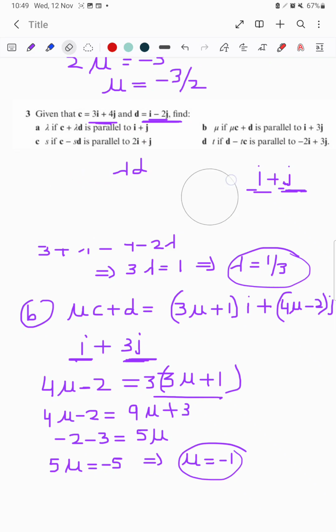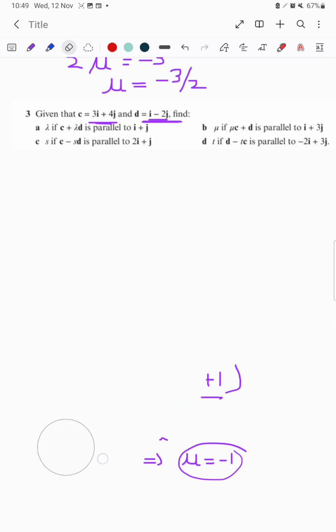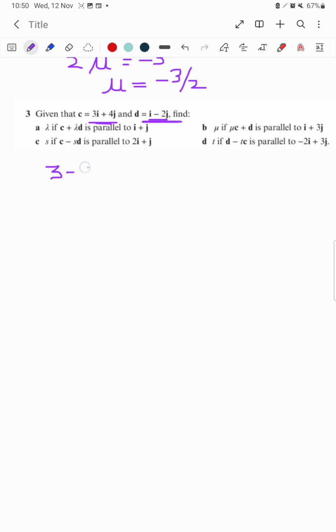Now we go to the next part of this question, which is question C of question number 3. So they said c minus sd. So 3 minus s i plus 4 plus 2s j. This is the expression I formed. Now they say it is parallel to 2i plus j.